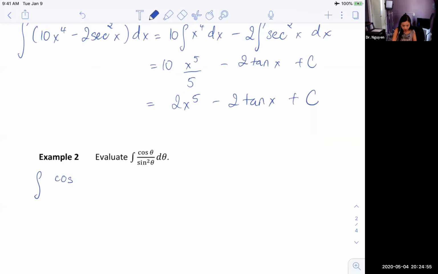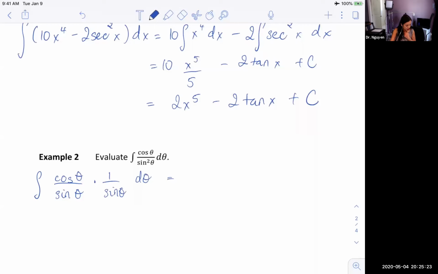Hopefully you recognize that we have to simplify before we try to integrate. I can definitely break the denominator. So instead of writing cosine of theta over sine square, I'm going to write cosine theta over sine theta times 1 over sine theta d theta.